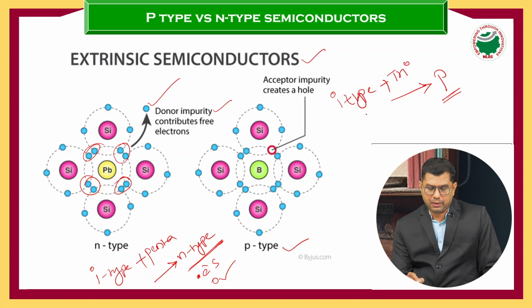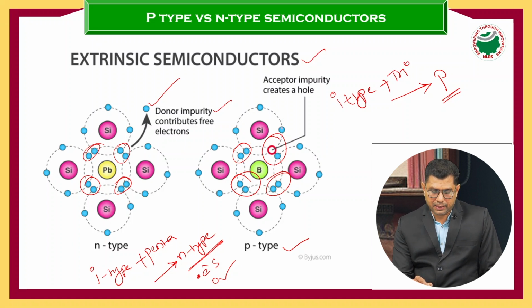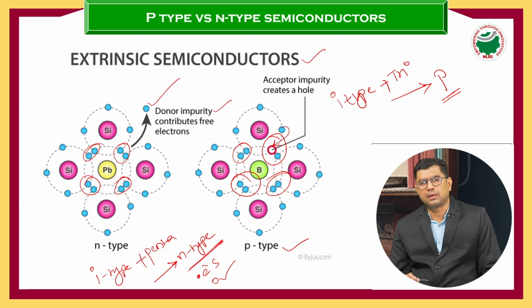In a similar manner, whenever we add trivalent impurities, see here 3 covalent bonds are completely filled, but 1 covalent bond is not satisfied. That's why, in a fraction of a second, an electron will move here and a hole will be formed. This is about the extrinsic semiconductor.